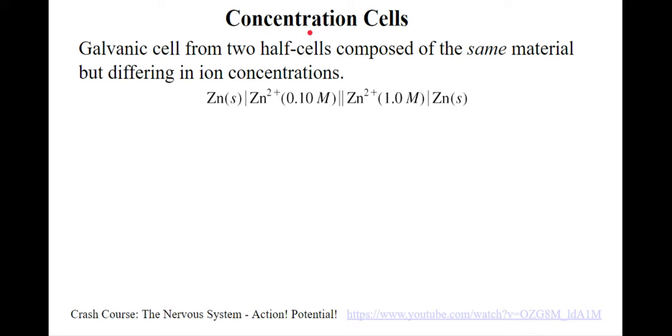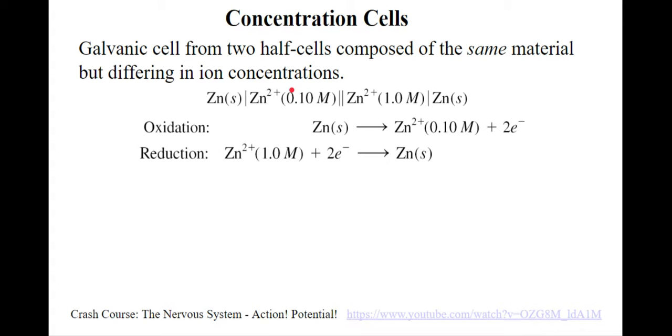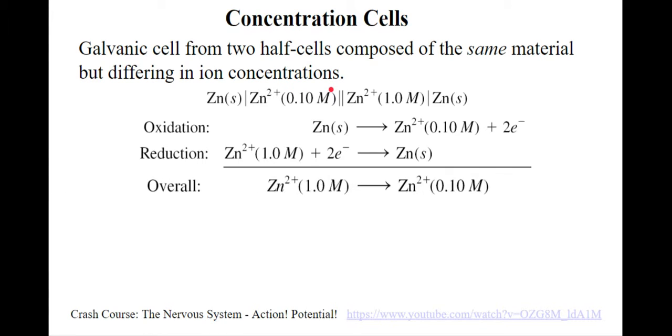So in this case, you could have two cells where on one side you have an anode with 0.1 molar zinc ion and a cathode with 1 molar zinc. So we have 0.1 molar and 1 molar, a factor difference of 10.